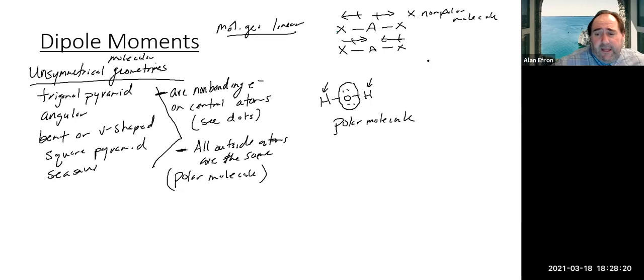But you could potentially have a straight line situation where everybody is going in the same direction, and that would obviously be a polar molecule. So linear is one where you do have to think about whether it's going to be polar or nonpolar. But again, because it's a straight line, it makes it relatively easier to do that. Any questions on that there?